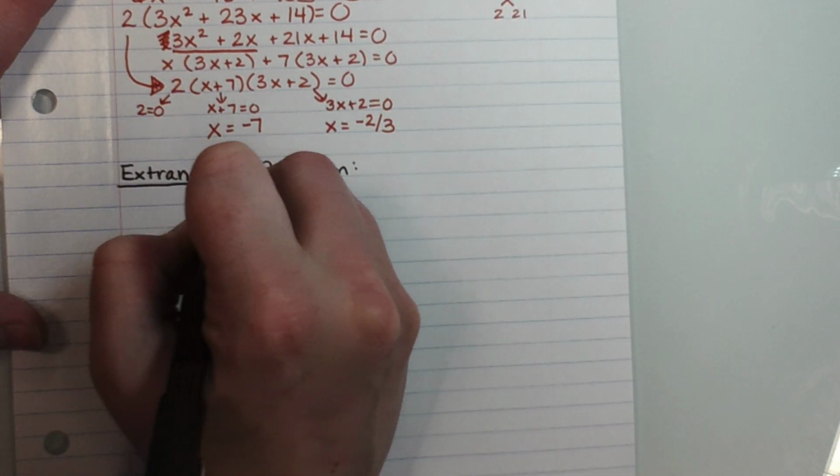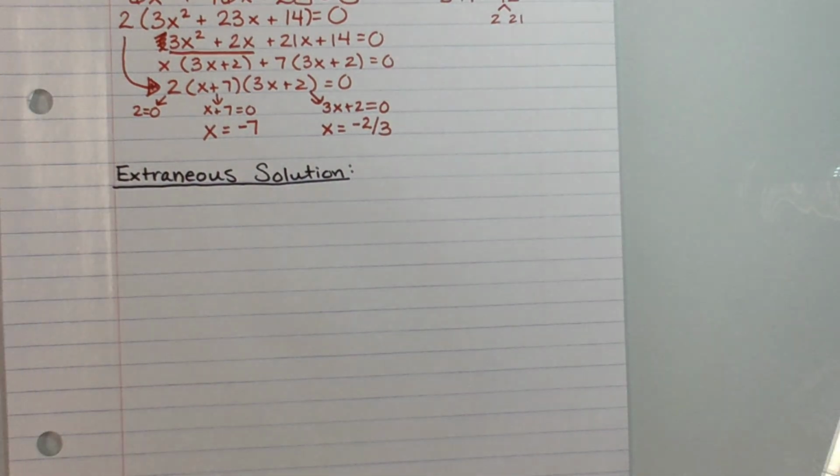When you are solving using any sort of opposite operations, you're ignoring the original domain of the original expressions. And when we moved from rational to quadratic, rationals have excluded values, have asymptotes in their graphs that prevent their domain from being all real numbers. Quadratics don't.